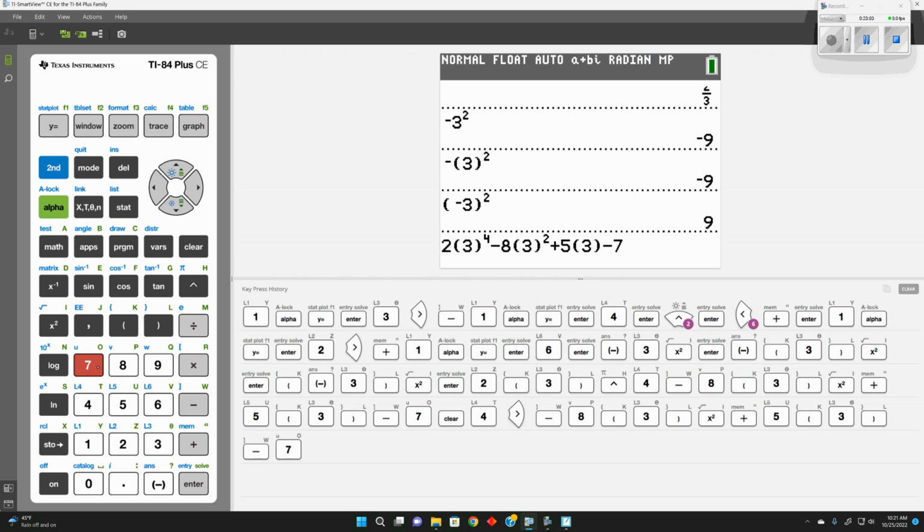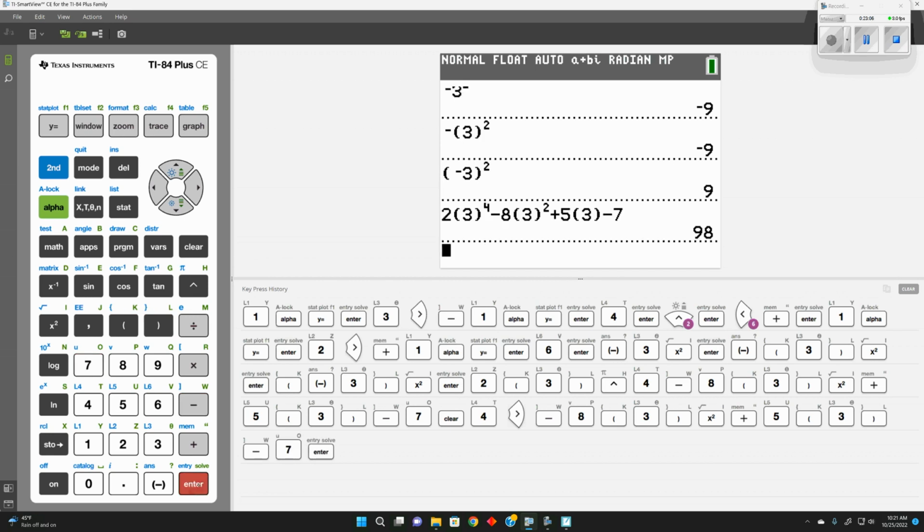When you use the exponent key, you do need to be careful that you actually get out of the exponent and don't type everything in the exponent, which I just did. And we get the same answer, yes? That's it. Any questions on this so far?